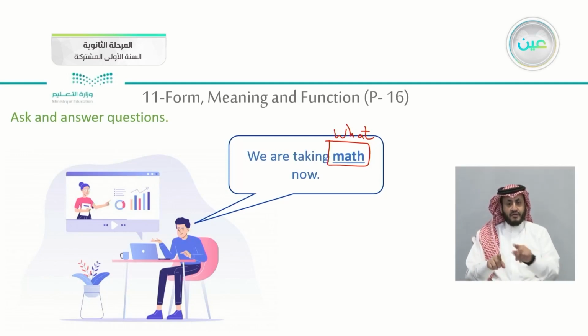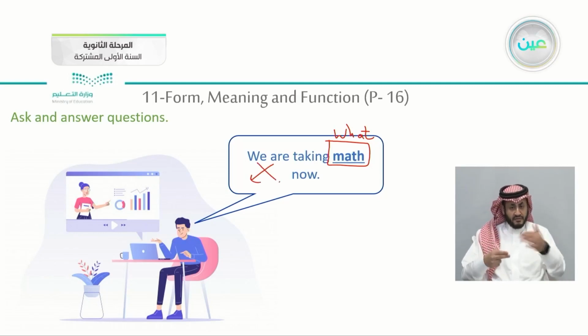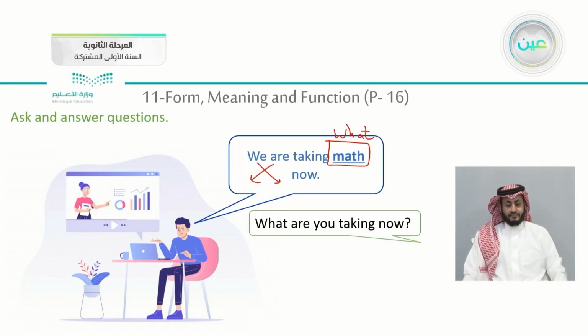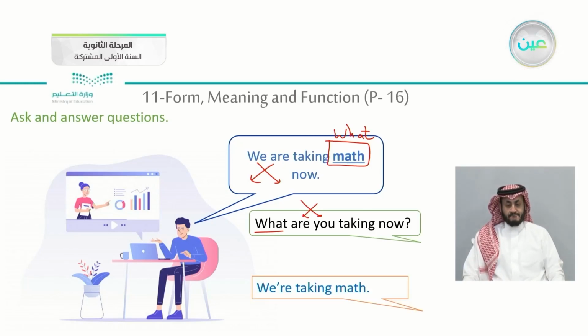So what am I going to do? I will start with the what, then you will change the order in here. So what are you taking now? We have started with the WH question word, change the order, then just use the same words. What are you taking now? We are taking math, and this is the answer.